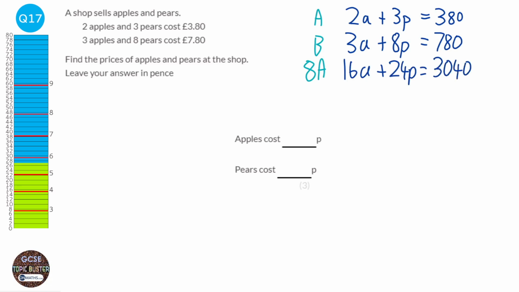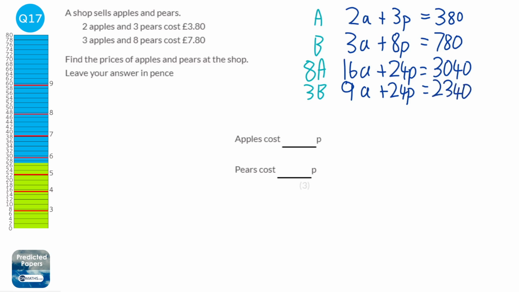We're going to do the same with B, but this time we're going to times it by 3. We're going through everything here and timesing it by 3. So 9a plus 24p, which is good, that's what we wanted, and 780 times 3 is 2,340.